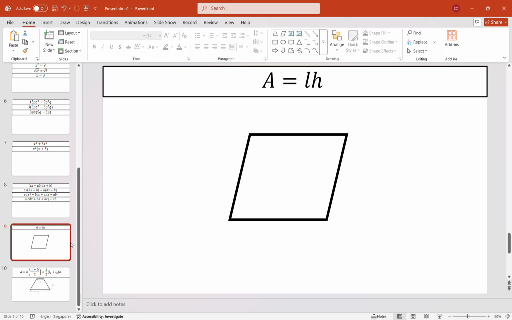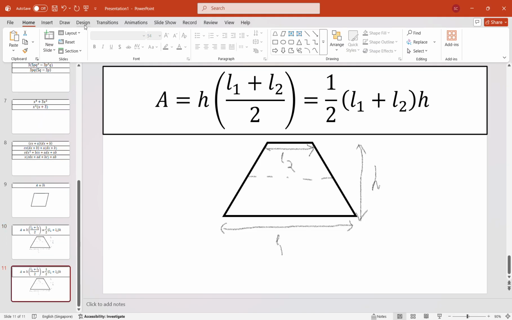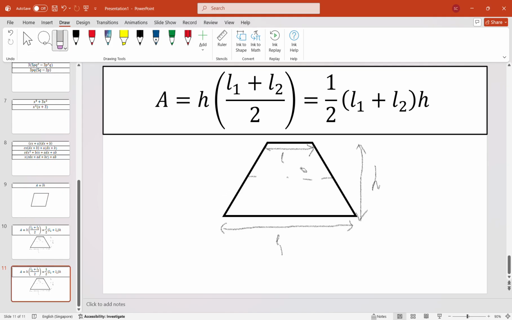And no, I will not talk about the 3D figures. I mean, I can give the formula for them, but it's going to take quite a while to prove them, so I will not prove them.